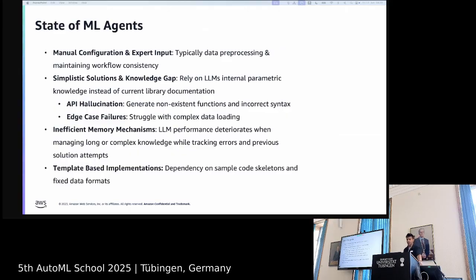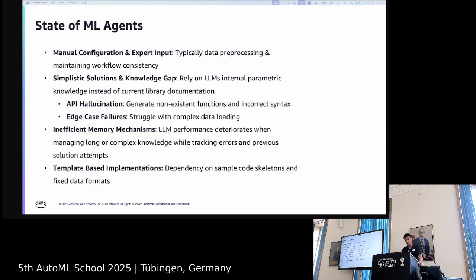And then another problem would be the template-based implementations, which we also had in the first version. With a template, you're always working with a fixed format and a fixed code skeleton, and the flexibility that you could achieve without using any kind of template is lost in this case.